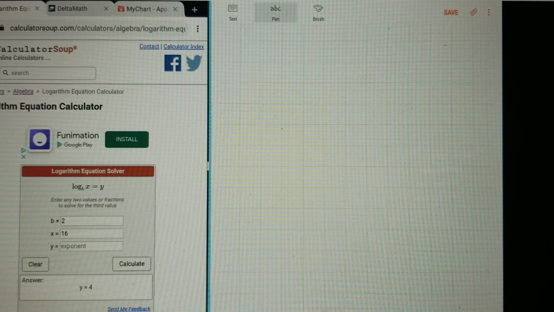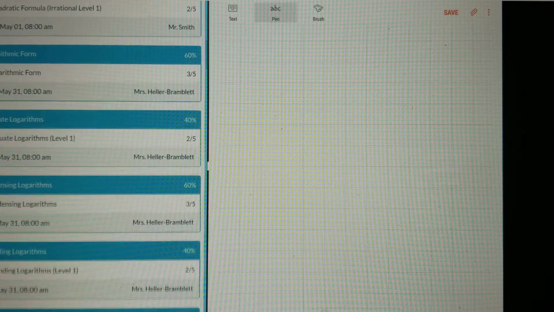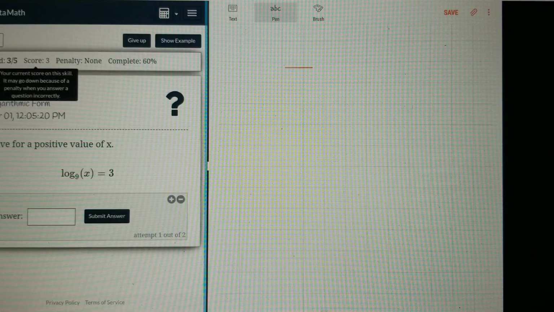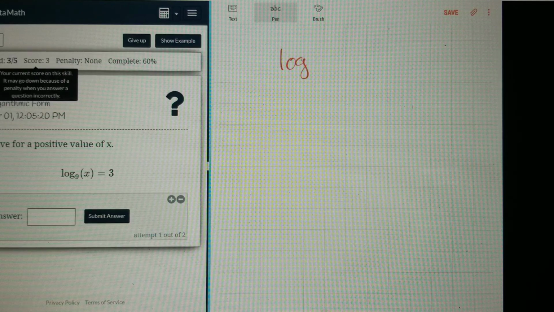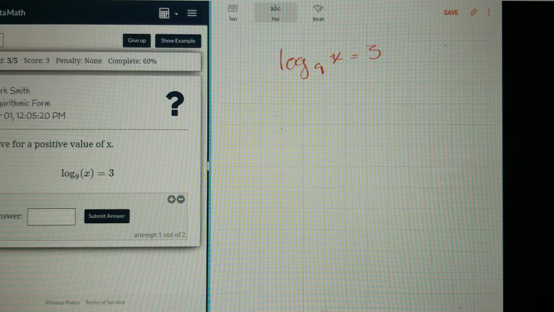So we'll get rid of this. We'll go back to Delta Math and we will find our logarithmic form. There it is right there, logarithmic form. Okay, so this says find log base 9 of x equals 3. I could go to my logarithmic calculator and do that, but I want to show you old school how you would do this. You would convert this back to exponent form.